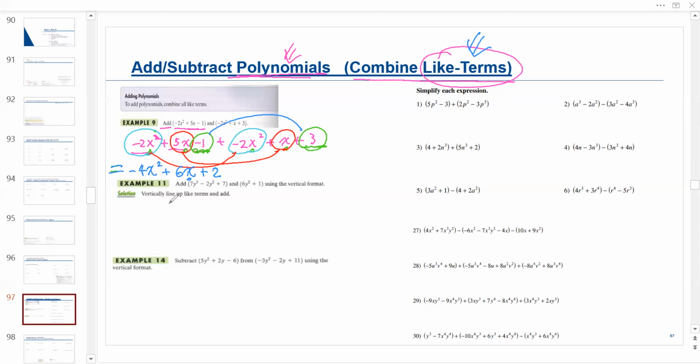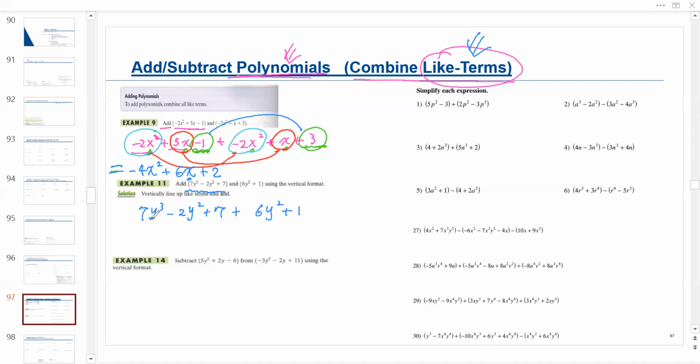Right. See more examples here. So this is the expression. Let's also have three terms: 7y cubed, 2y squared plus 7. The second one is 6y squared plus 1. Let's say we add these two.